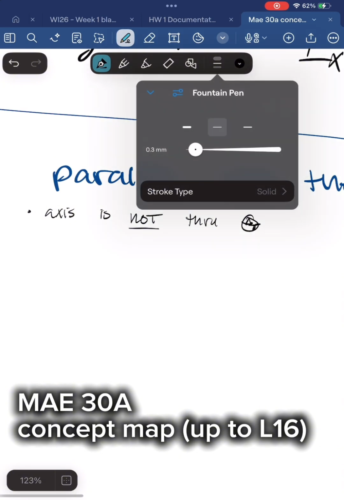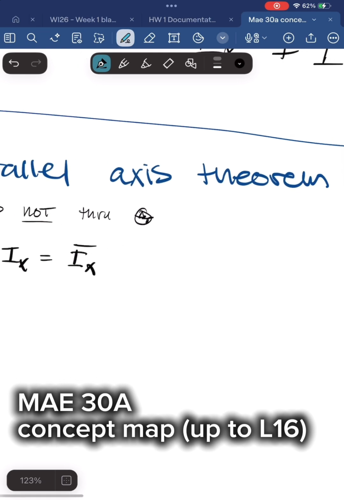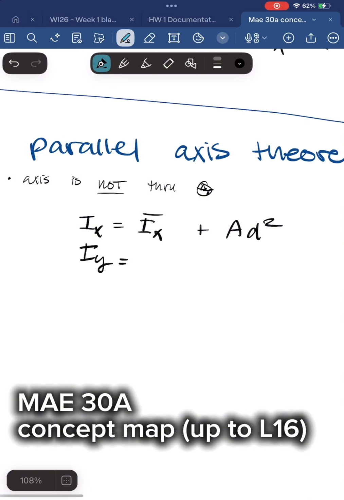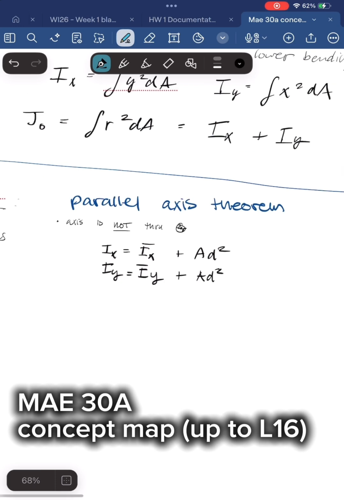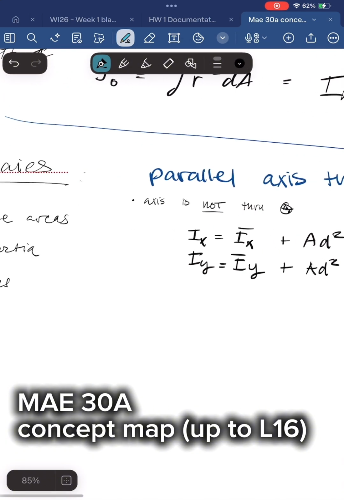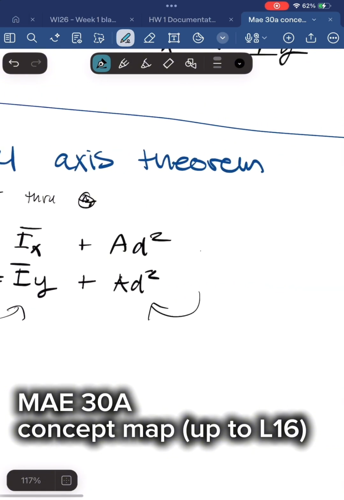We can use the equations I_x equals I bar x plus A d squared, and I_y equals I bar y plus A d squared, where I bar is our centroidal moment of inertia, and d is the distance between axes.